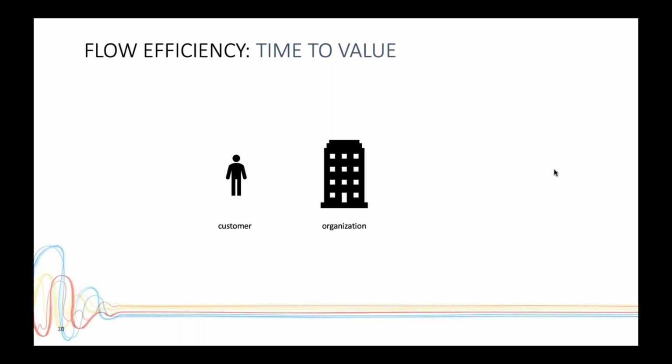And this might have been great in an era when price was the main driving factor, and there weren't a lot of goods to buy, and people wanted to buy whatever could be made at a cheap price. But we live in very competitive markets now, and whenever there's a competitive market, the time to value is a really important component. So we have to take customers into consideration, or our competitors will.